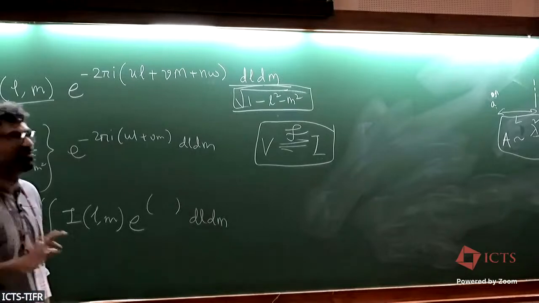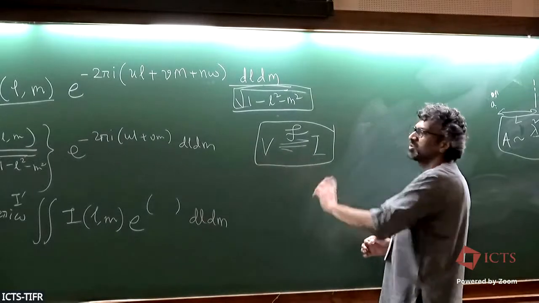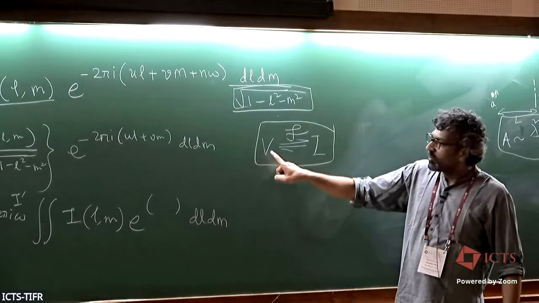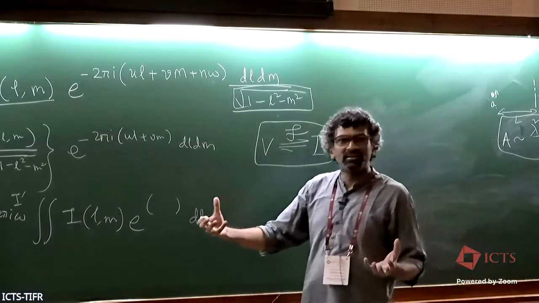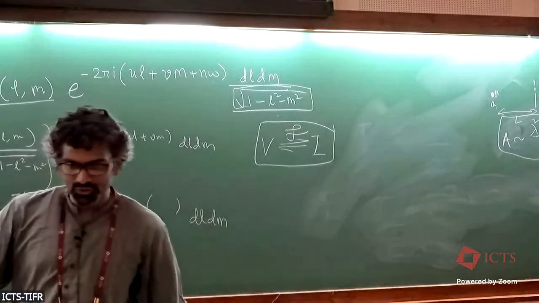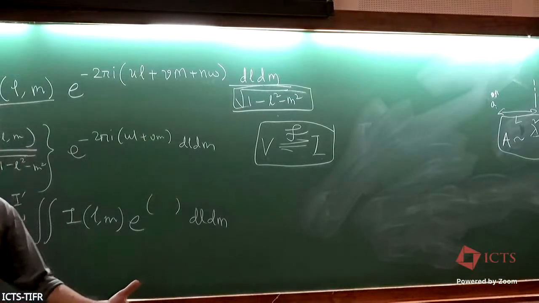But even before that, you do not measure the Fourier transform of sky brightness. You do not measure the visibility directly. What you measure is this: you have the antennas, and due to the electric field from the source, you have produced some signal on the individual antennas.